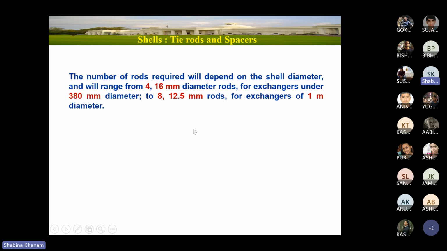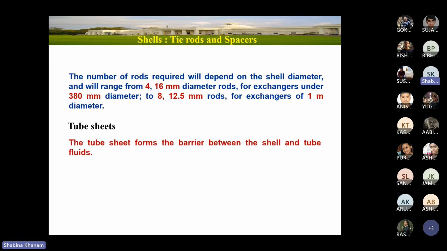It means the diameter of the tie rod should be 16, and that should be used in 4 numbers for heat exchangers up to 380 or less. Otherwise it is 8 rods of 12.5 for heat exchangers of 1 meter diameter. In that way you can choose the tie rod numbers.